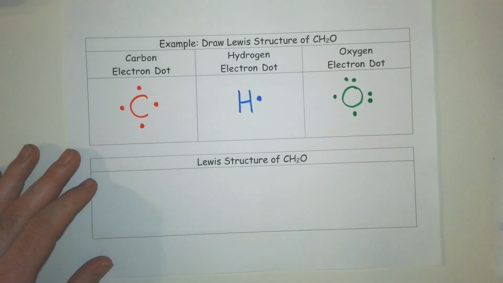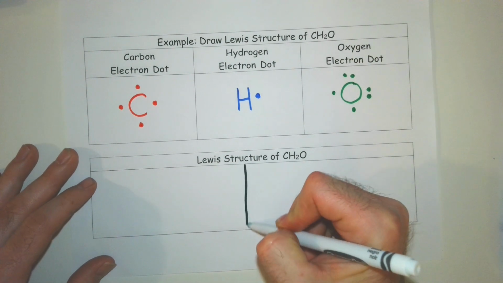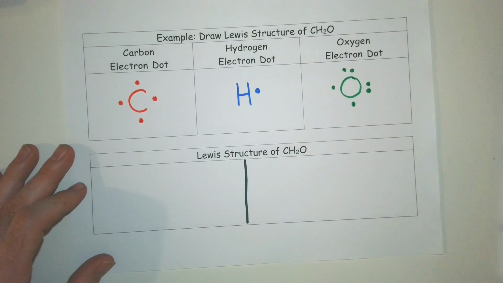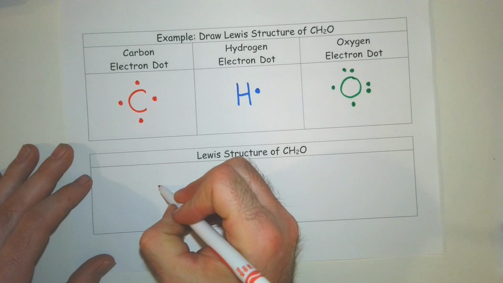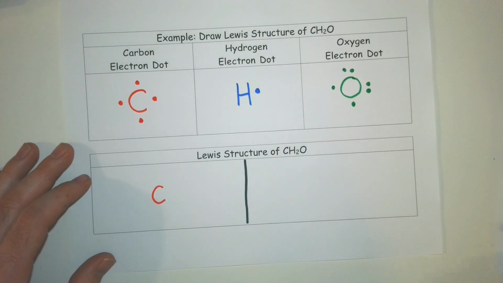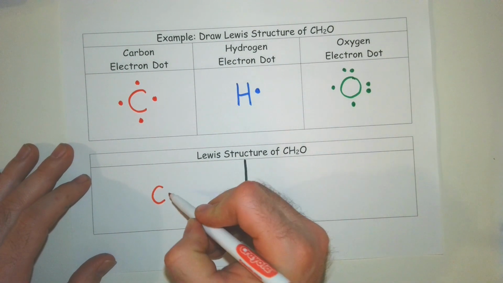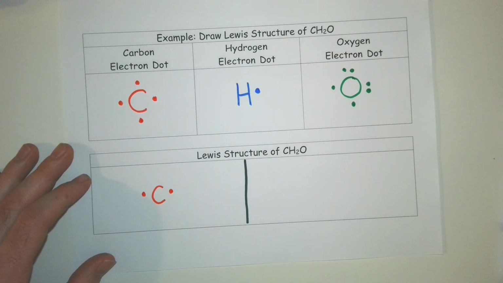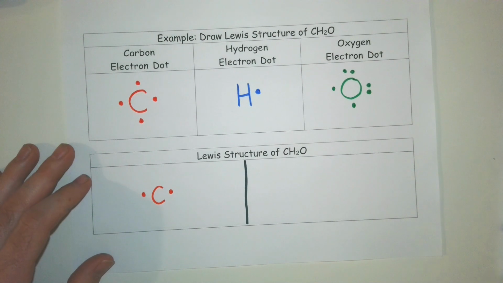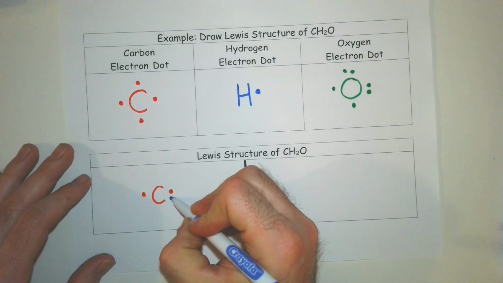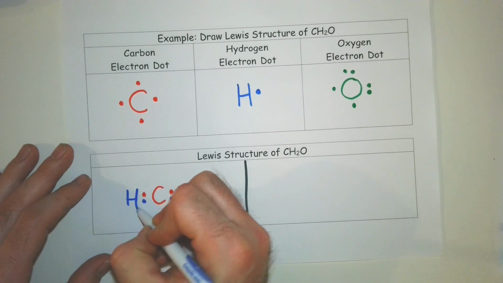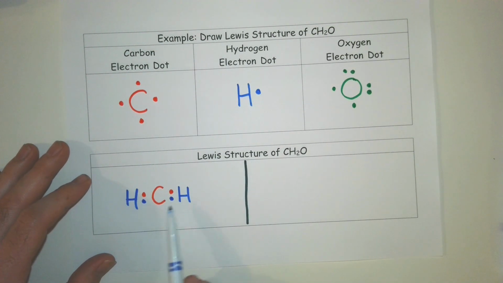So I'm going to draw a line right here, and I'm going to do the electron dot notation on the left side. As you do more of these, you'll gain a little bit more experience. I'm going to put 2 of my electrons on the side, and I'm going to draw my hydrogens here. So I have a single bond for both of those.